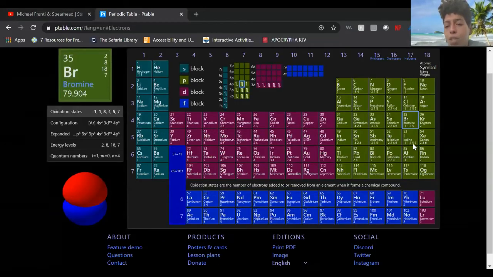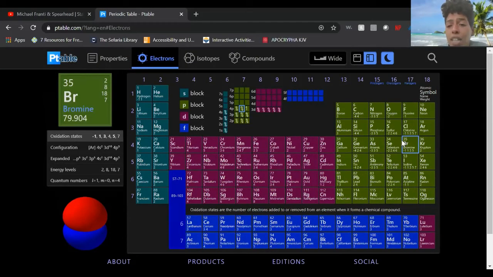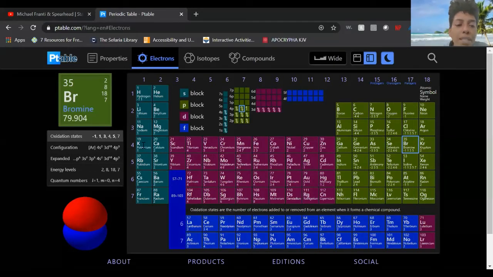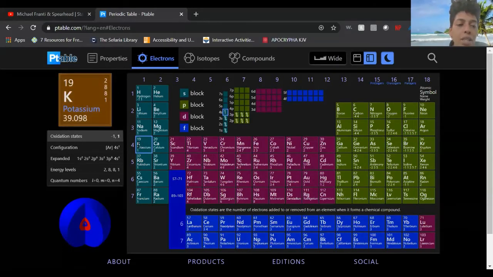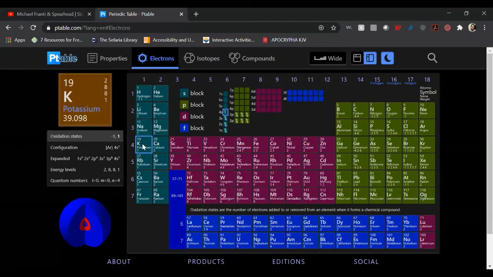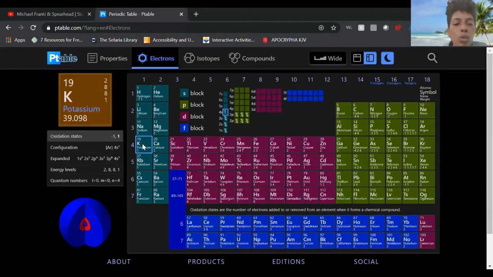So when it gains an electron, it's going to become like who? Krypton. But what about potassium? Is it going to lose or gain electrons? It's going to lose, and it's going to become like who? Argon.